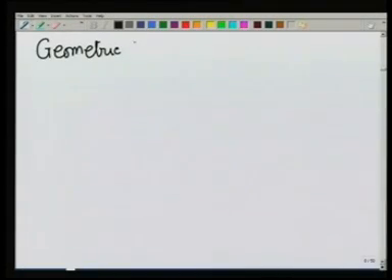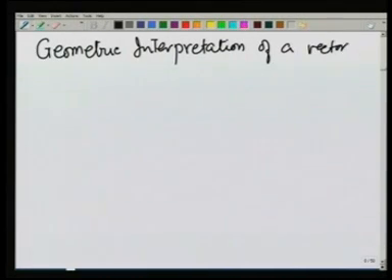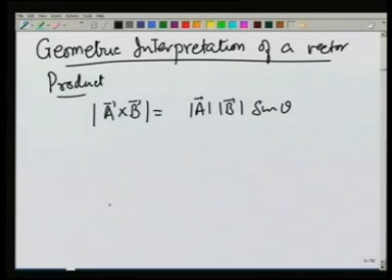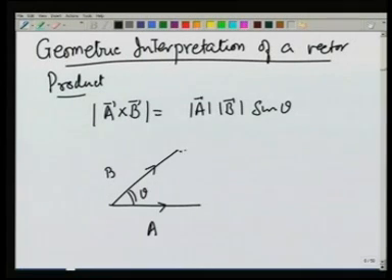Let us now look at the geometric interpretation of a vector product. The magnitude of A cross B is nothing but magnitude of A times magnitude of B times sine of theta, where theta is the angle between them. So, if there is a vector A and a vector B, and the angle between them is theta, you can see that A cross B is nothing but A times B sin theta.